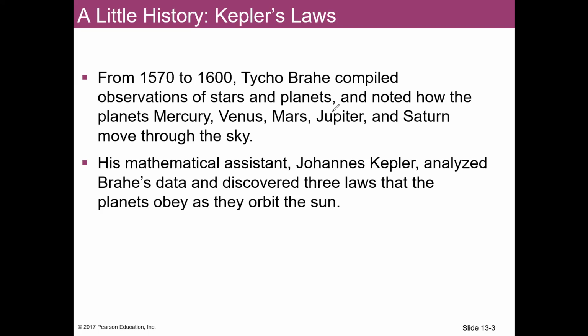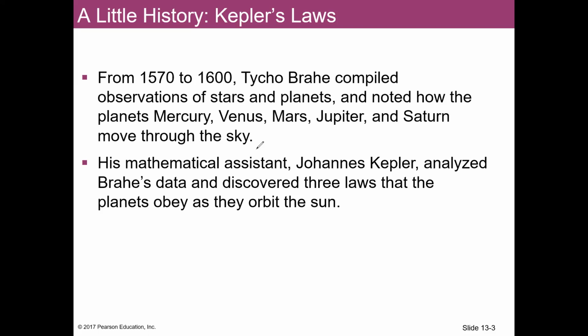And in ages past, we might have called that the heavens. So obviously the sun and the moon are going around in their paths, but then there are these so-called five wanderers. The Greeks called them wanderers. That's where we get our word for planet. Planetos is a Greek word, meaning wanderers.